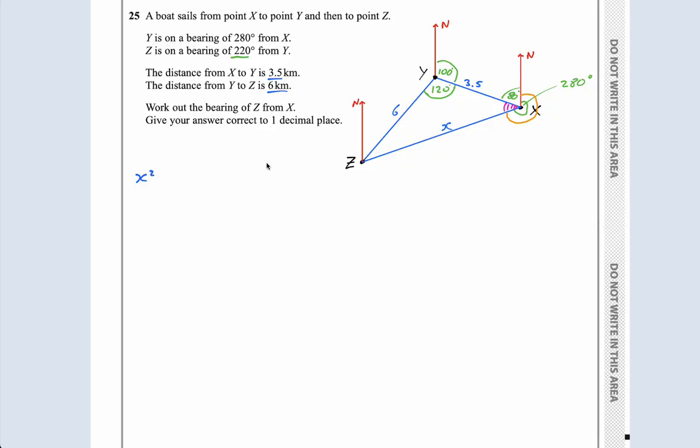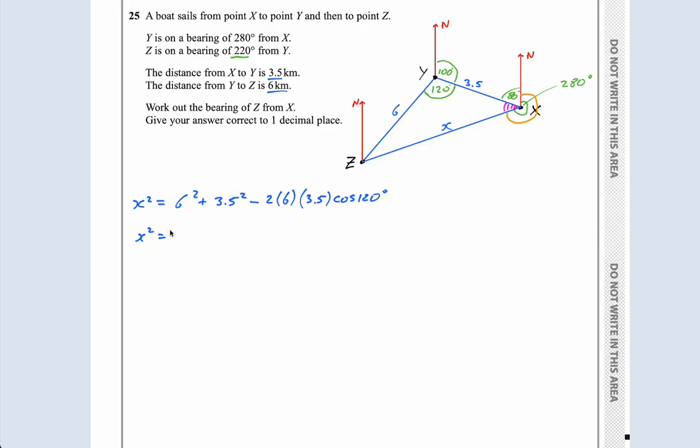X squared, cosine rule, is x squared equals 6 squared plus 3.5 squared, minus 2 times 6 times 3.5 times cos 120 degrees. That is the cosine rule. This squared equals this squared plus this squared, minus 2 times this cos of this.